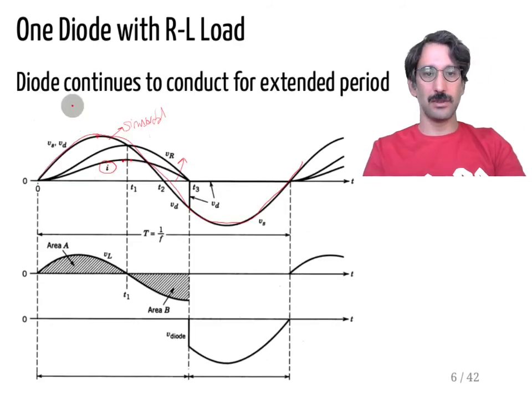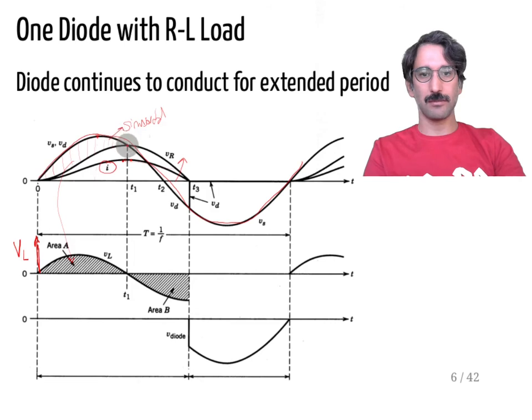And actually we see it here. So this is Vr, and Vr is in phase with the current. Whenever Vs is larger than Vr, there's a difference, and that difference is the inductor voltage. So let me write here, that is the waveform of the inductor voltage.